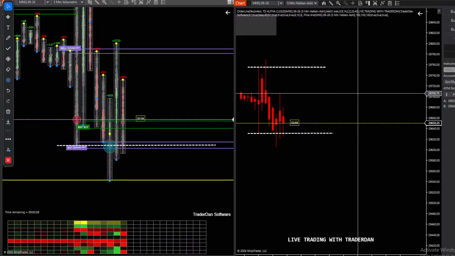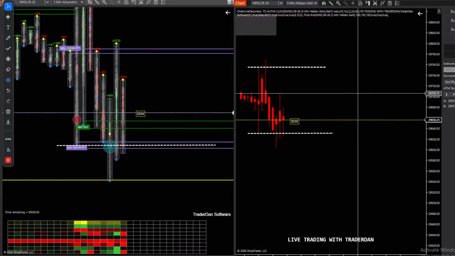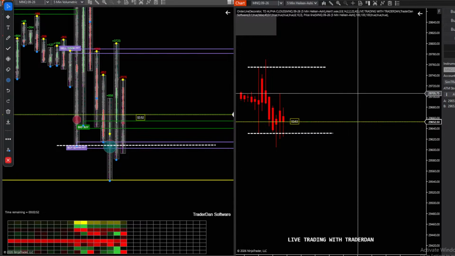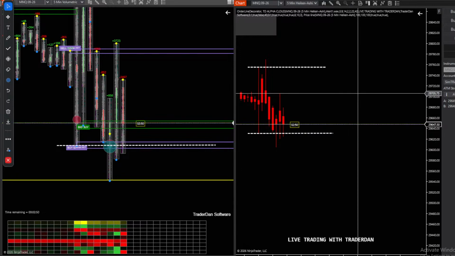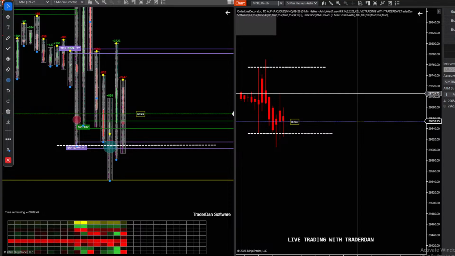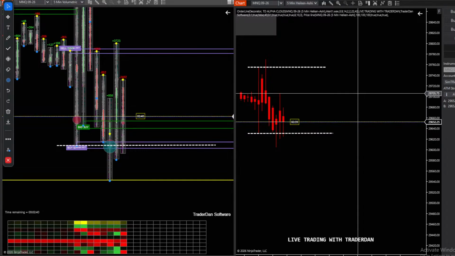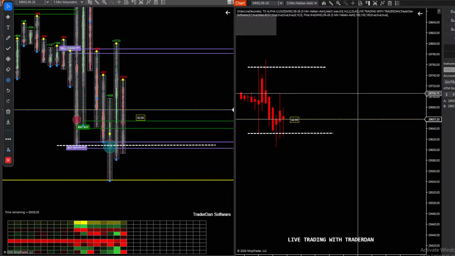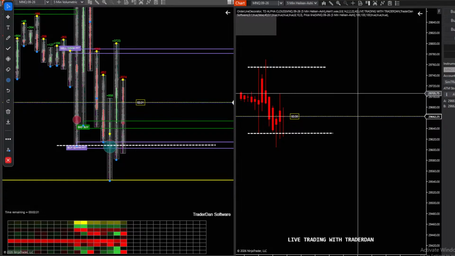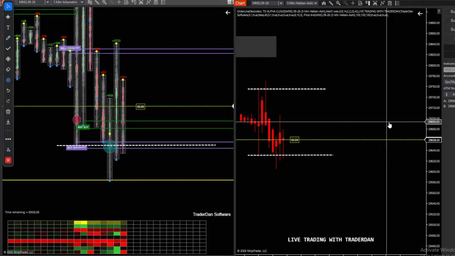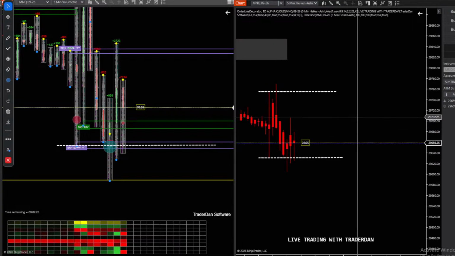And there is a lot of contracts in this range. I think I'm going to try this long again. We're back above the buy zone.